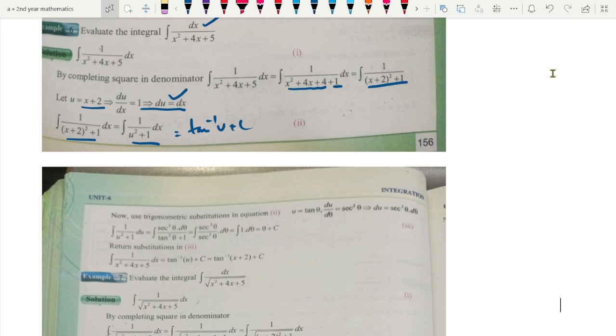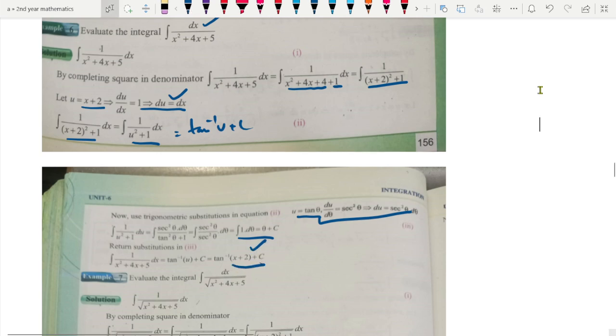Now use the trigonometric substitution in equation 1. You will get all these things. So you will get this one, and return substitution. Putting the values of u, you will get the answer.